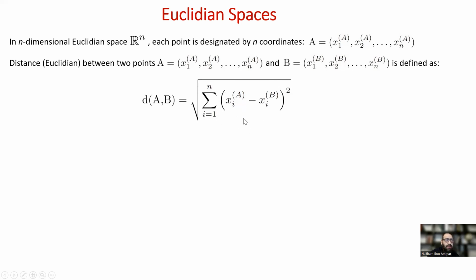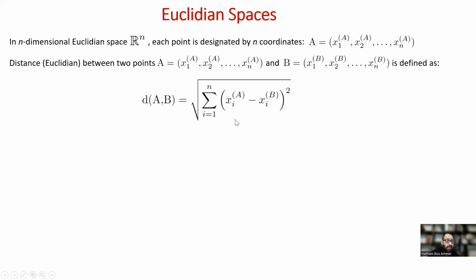If you look at this equation and just write it out, you will see that this will be x1A minus x1B squared, plus x2A minus x2B squared, plus x3A minus x3B squared, plus dot dot dot, plus xnA minus xnB squared, and then you're taking the square root of all those.